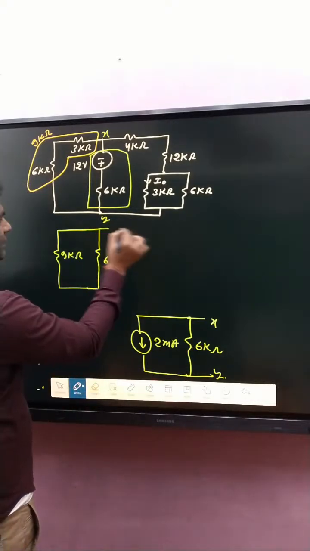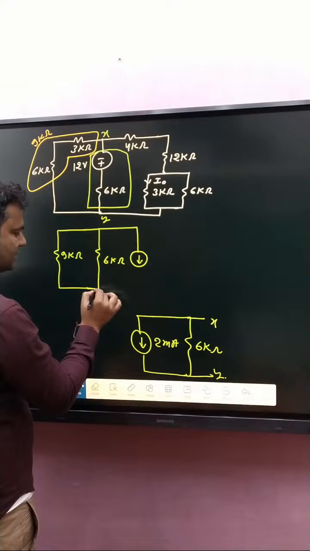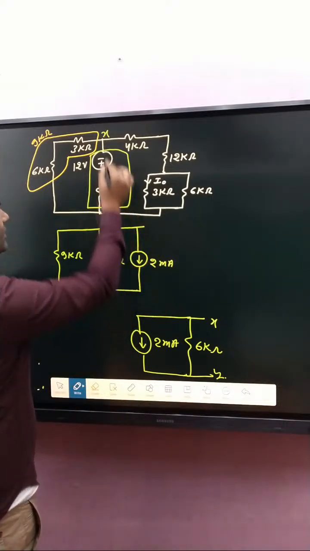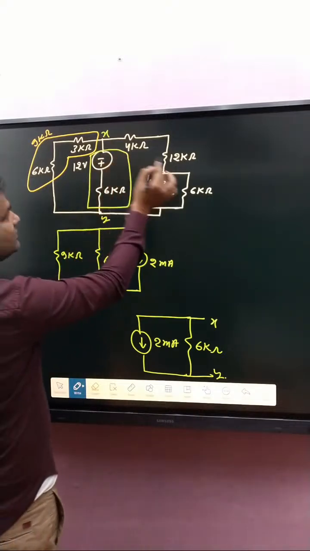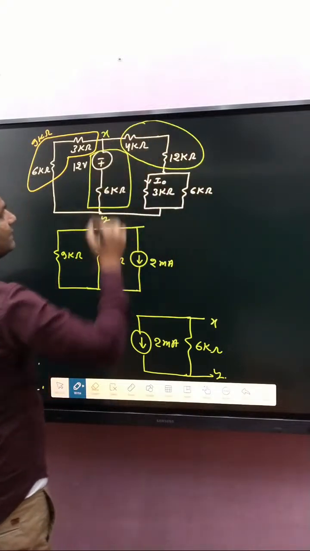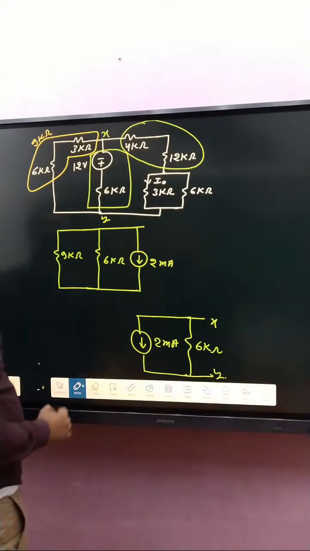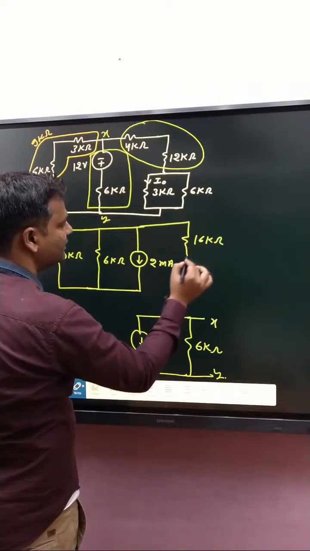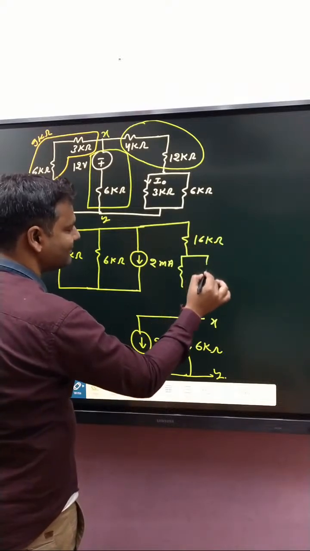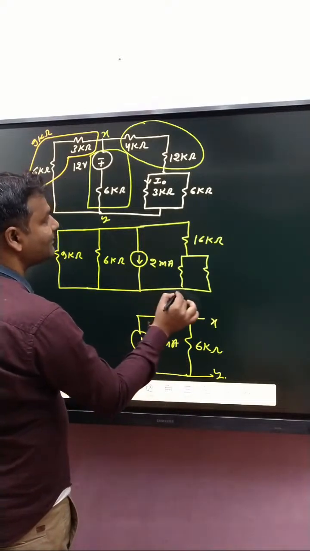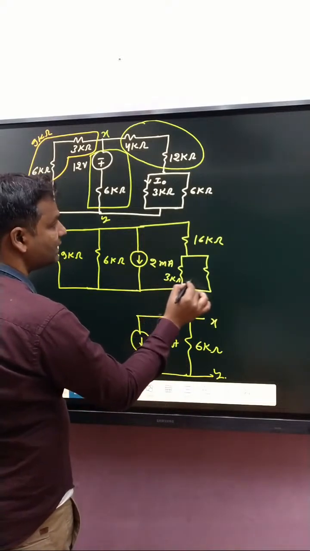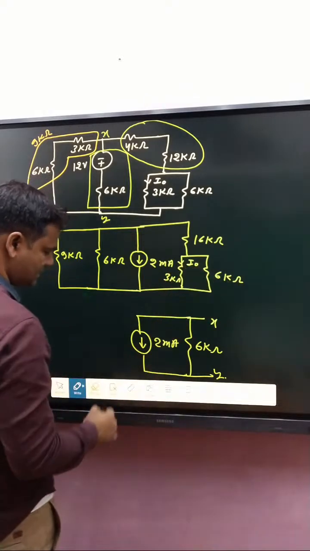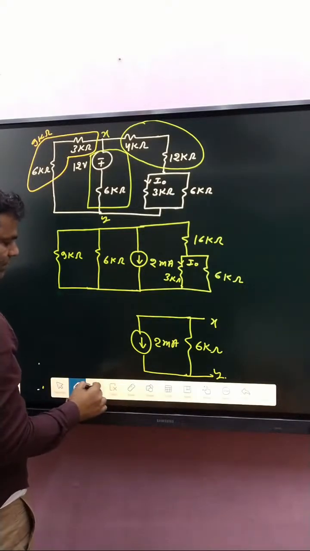And here, what about the current source? That is 2 milliampere, corresponding to the XY terminal. After that, if you see very carefully, these two are in series. So how much? 16 kilo ohm. After that, that is 3 kilo ohm, and that is 6 kilo ohm, and that current is I naught.